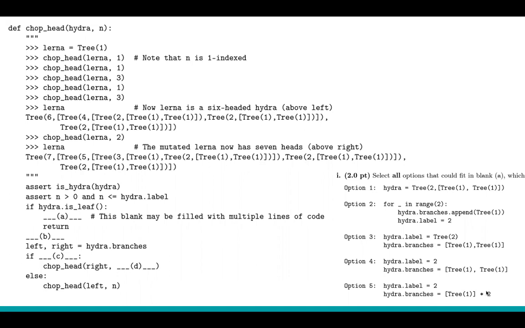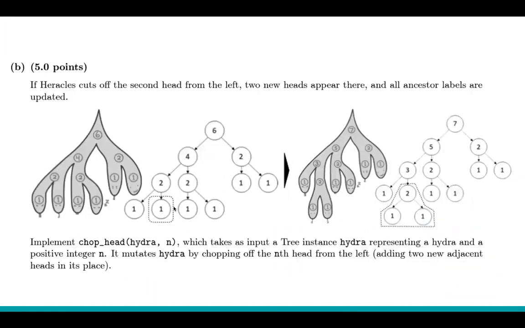And when you do times 2, you'd be creating a list having 2 elements, and the second element would be pointing to the same tree. So both the first element and the second element would be pointing to the same tree consisting of 1. So for that reason, only option 2 and option 4 would be right. So with this part, you solve the problem of substituting this 1 with this tree.